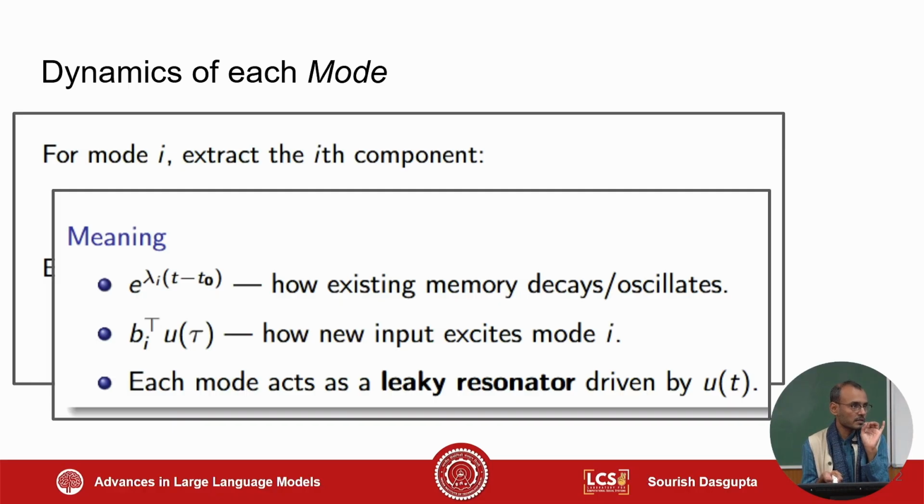So U of T represents a particular time step, but U of tau would represent that entire trajectory, and you are bounding that trajectory between T minus T0. So you are only interested in what has happened between T and T0, in terms of the U.